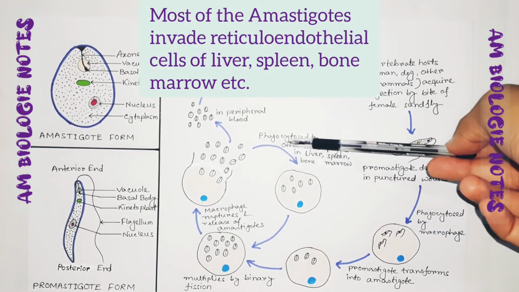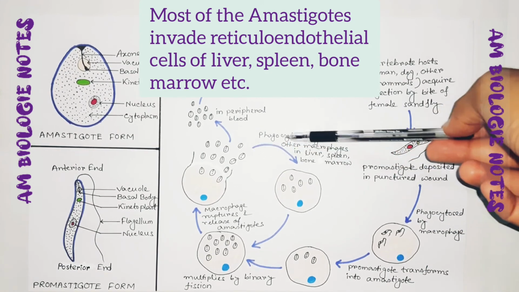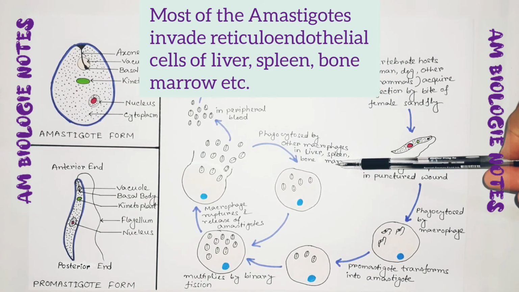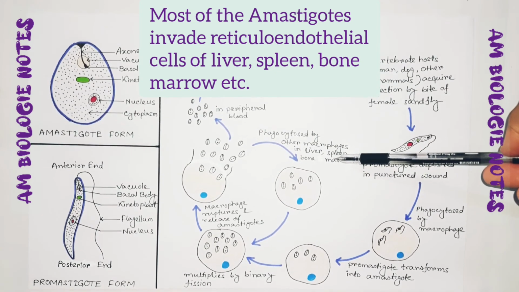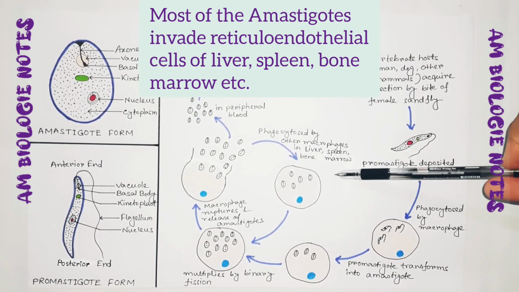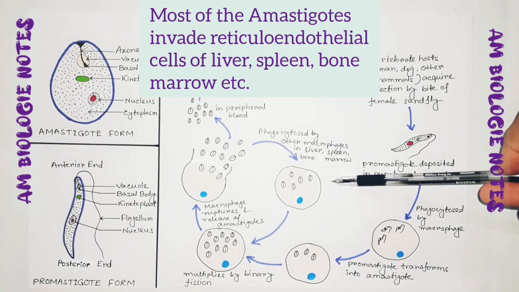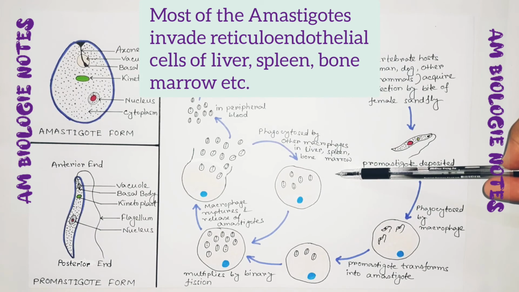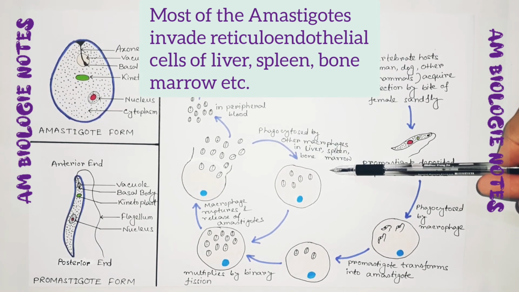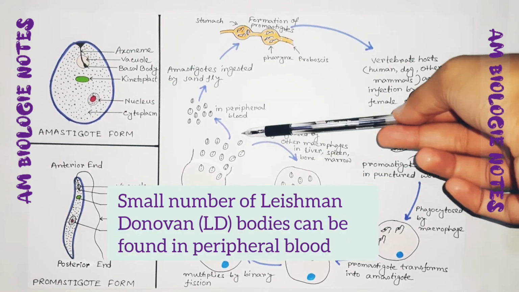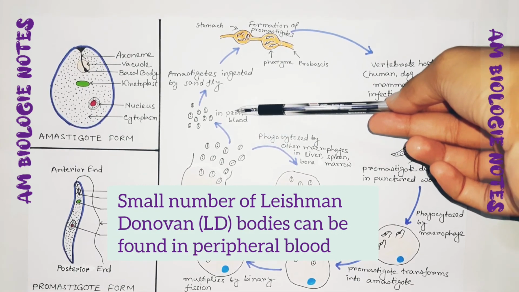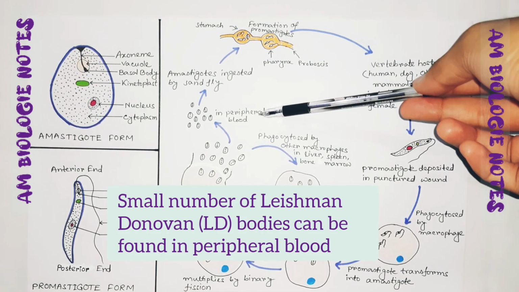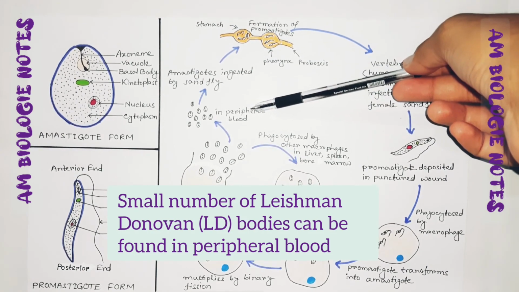Most of the amastigote forms are carried in the circulation to various organs like liver, spleen, bone marrow, and invade the reticuloendothelial cells like macrophages, monocytes, polymorphonuclear leukocytes, etc. A small number of LD bodies can be found in peripheral blood inside neutrophils or monocytes.